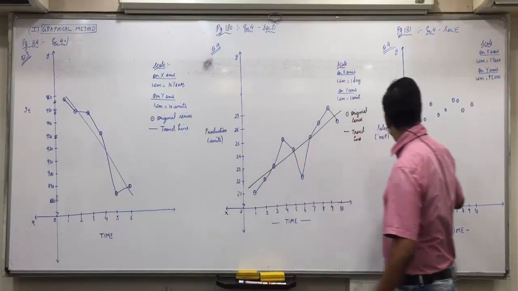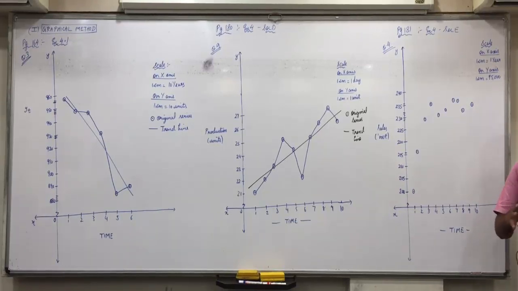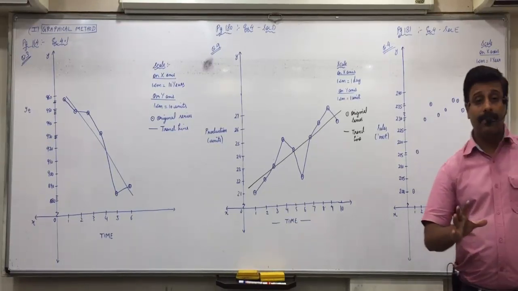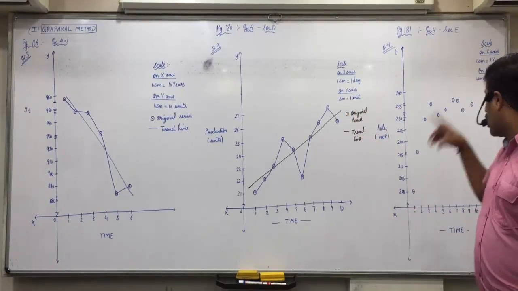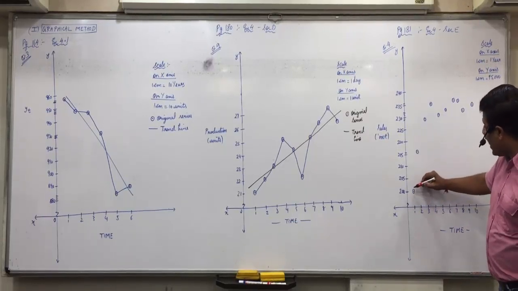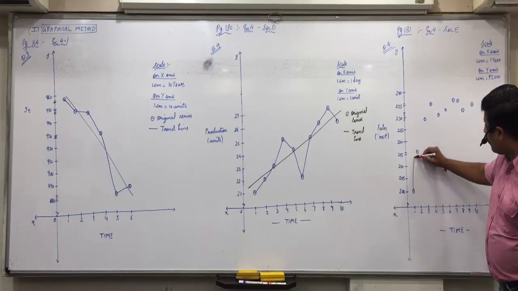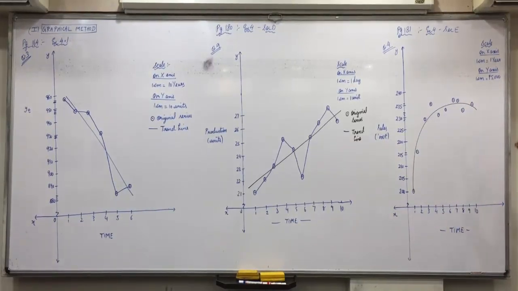But here if you try to make a straight line, it won't come near to majority of the points. Here we have to make a curve. When a straight line does not do justice to the points, then we have to make a curve. Here it will be a concave curve. So here instead of a straight line, with free hand you make a curve passing through majority of the points. Can you see now? Curve is passing through majority of the points.